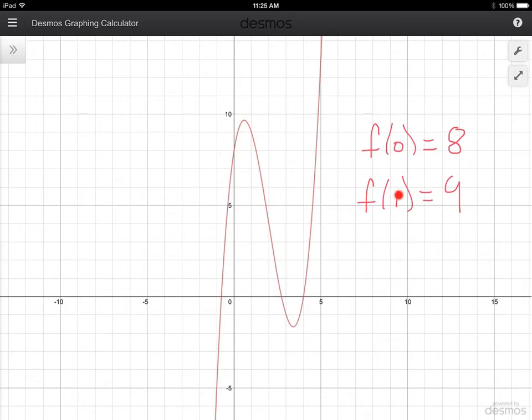Okay, so there is no zero for the polynomial function between 0 and 1. Now again, you're not completely randomly choosing these x values, because you're going to think of the rational zero theorem to kind of narrow down your choices.